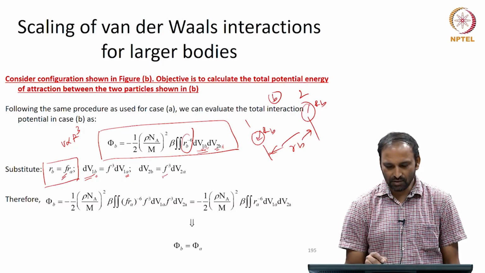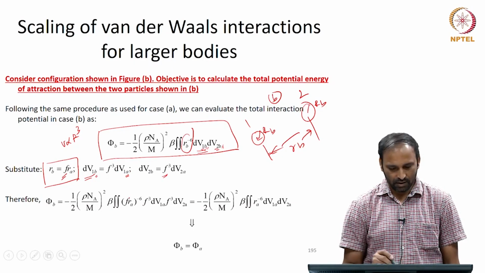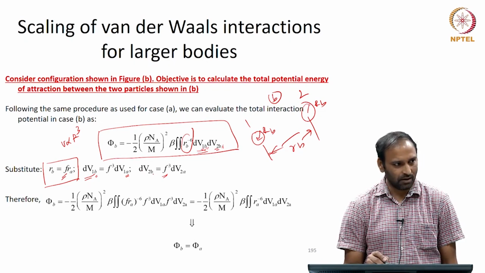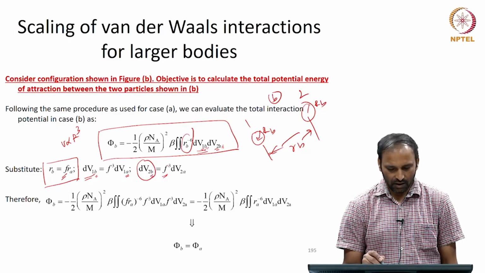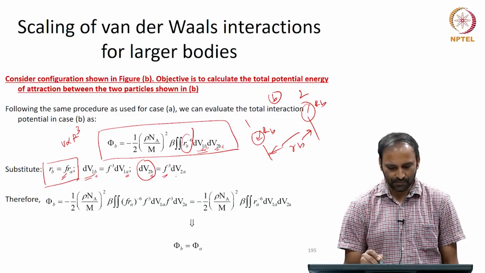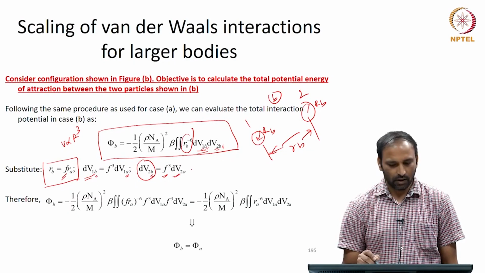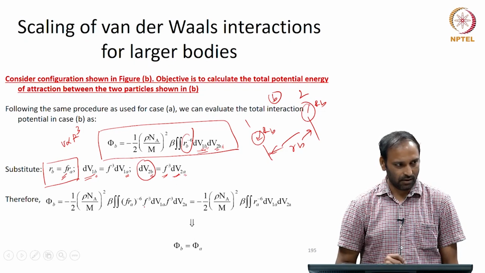Similarly, dV2B, the differential volume V2 that I have considered in case B, is a factor f cube times the differential volume in A.